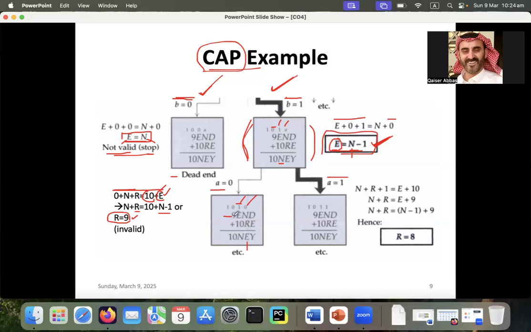S is already 9, so we cannot assign r the value 9. So it is invalid, and we have to stop here on this branch. We don't need that branch. You don't have to go further into it, because in the previous steps you already calculated 9 for another letter, S, and here you are getting 9 again for R, which is invalid. So you have to stop here and think about the other option.